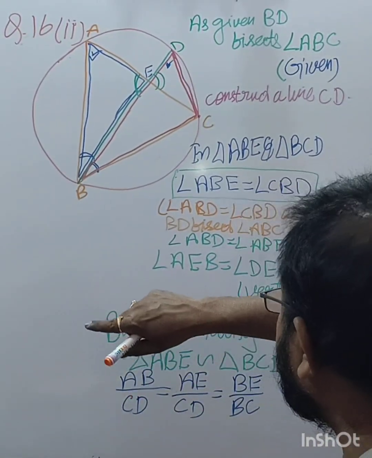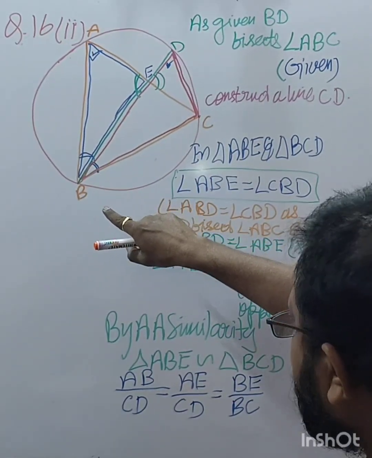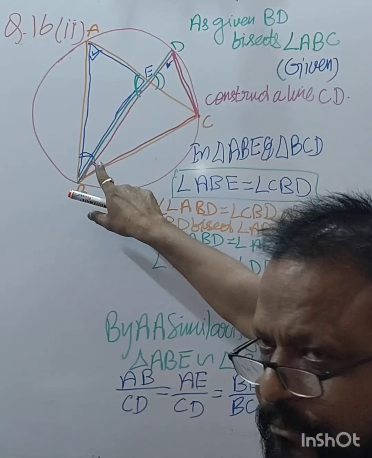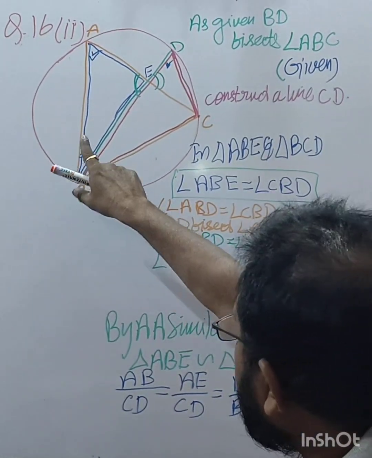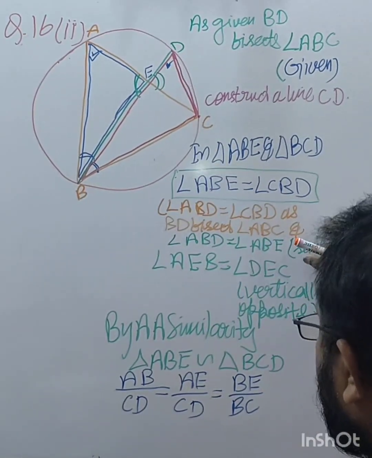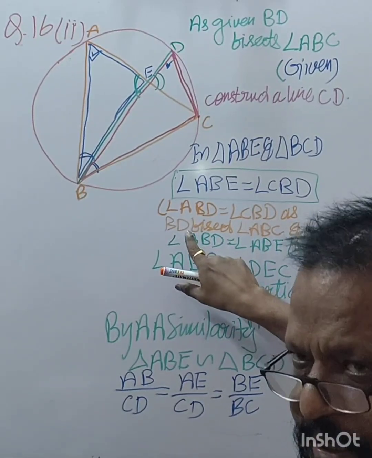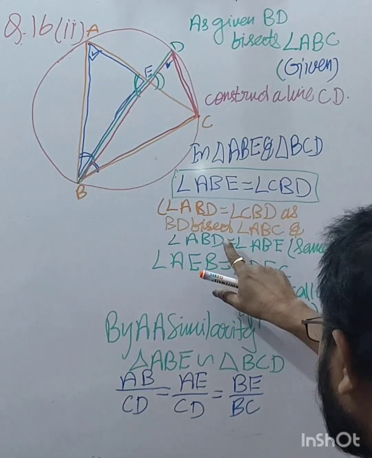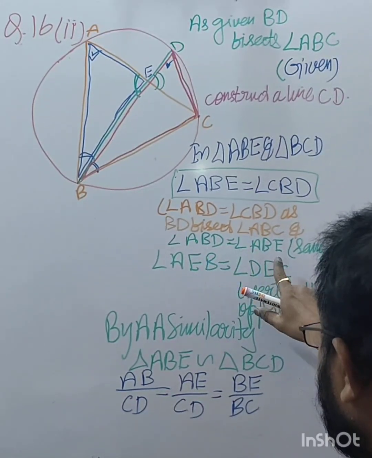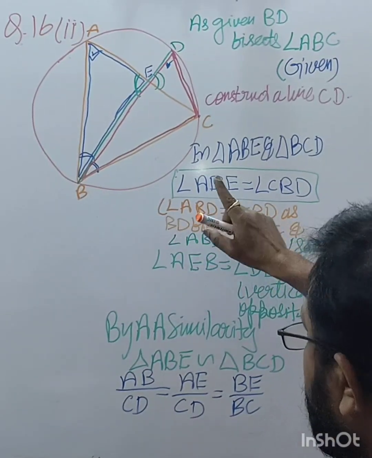In triangle ABE and triangle BCD, angle ABE is equal to angle CBD, right? Because BD bisects angle ABC, and it is the same angle.